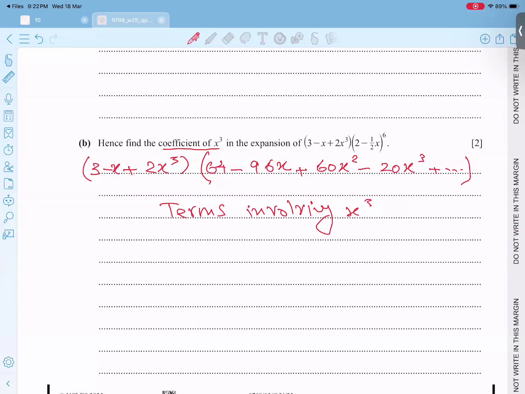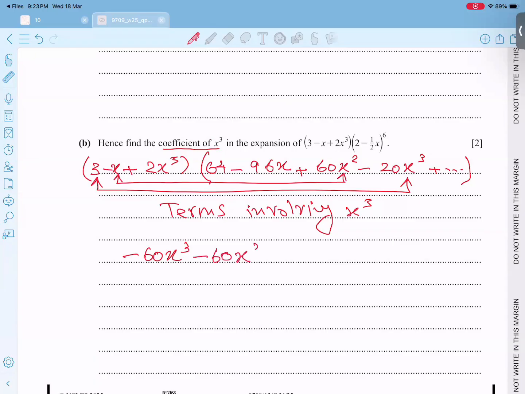Naturally, if this 3 multiplies with the last term, I'll get negative 60 x to the power 3. And this x multiplies with x square, negative 60 x cube. And this multiplies with this number, and I get plus 2 fours are 8 and 2 sixes are 12, so x to the power 3.